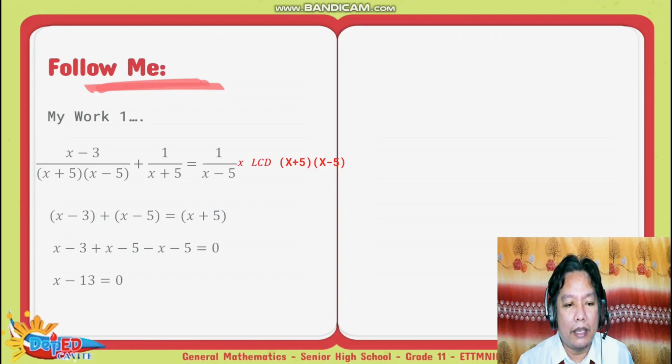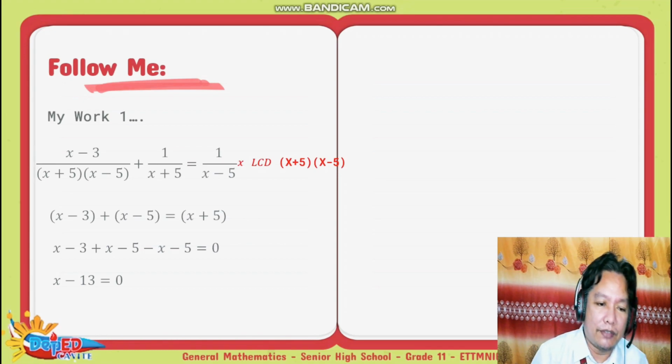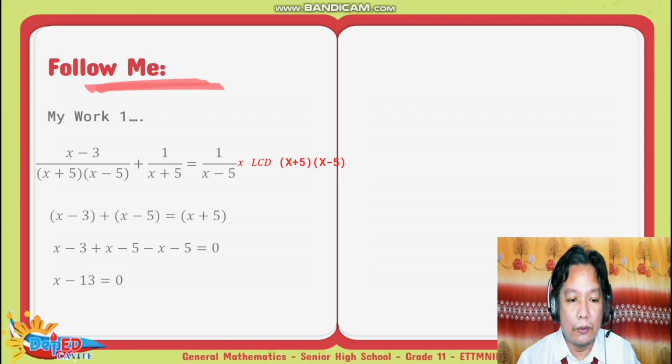x plus x is 2x, minus x is 1x or x. Negative 3 plus negative 5 minus 5 is negative 13, which is equal to 0.